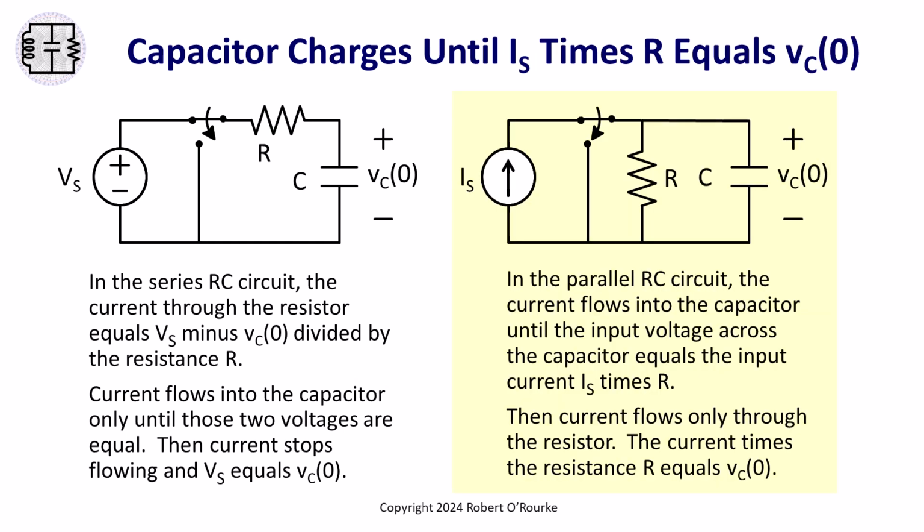Current flows in the parallel RC circuit continuously through the resistor. Current also flows into the capacitor until the capacitor voltage equals the current, I sub S, times the resistance R, which establishes the initial condition.